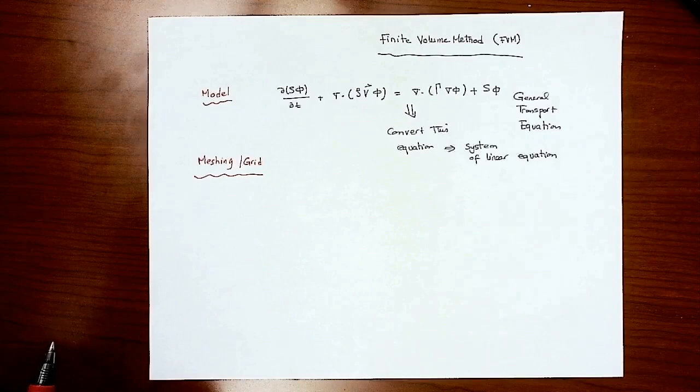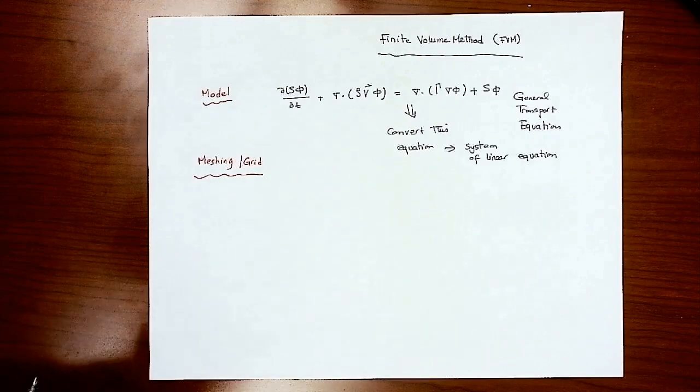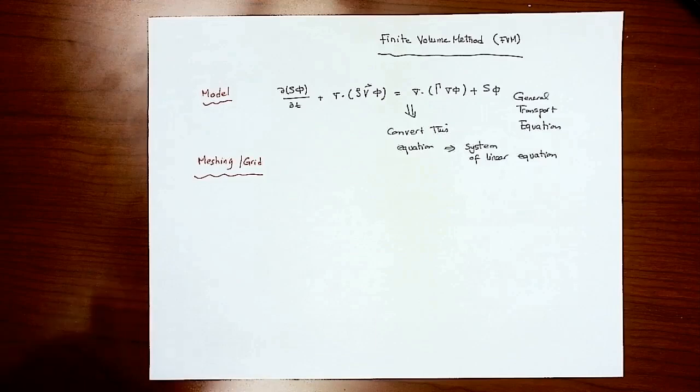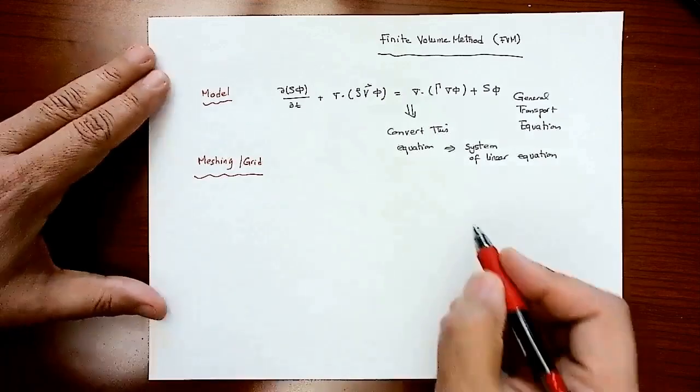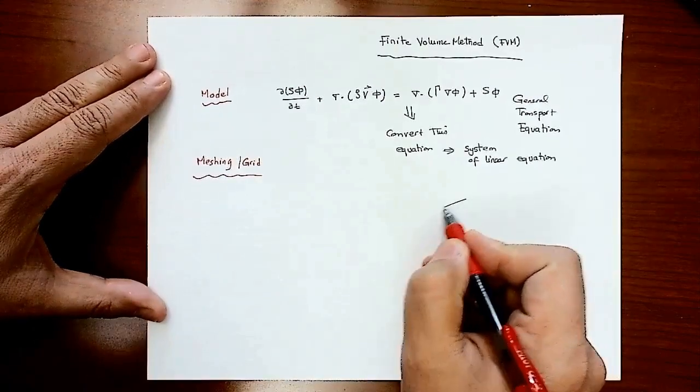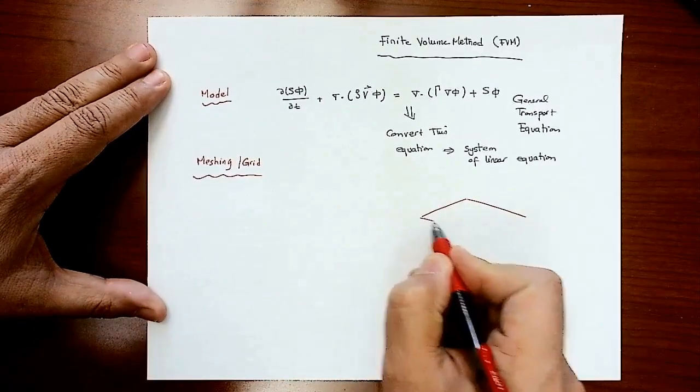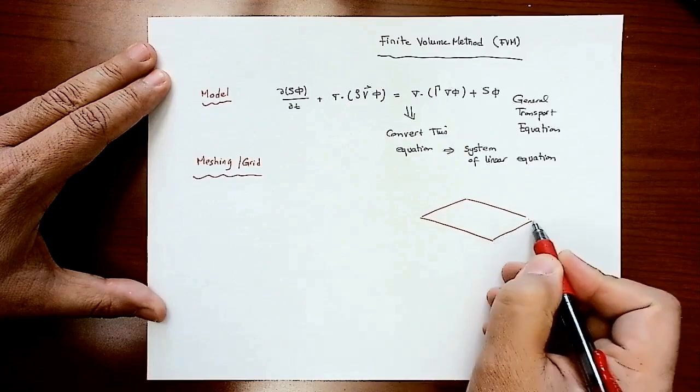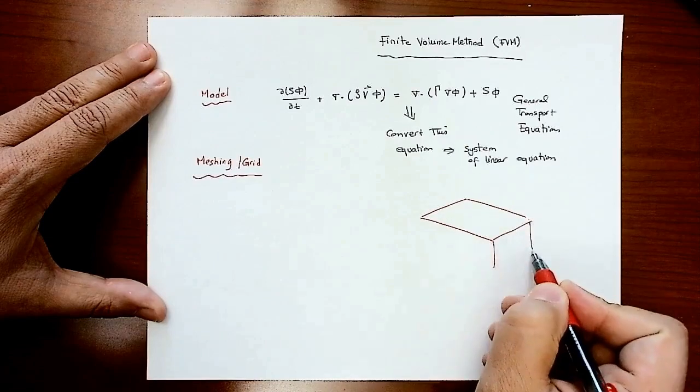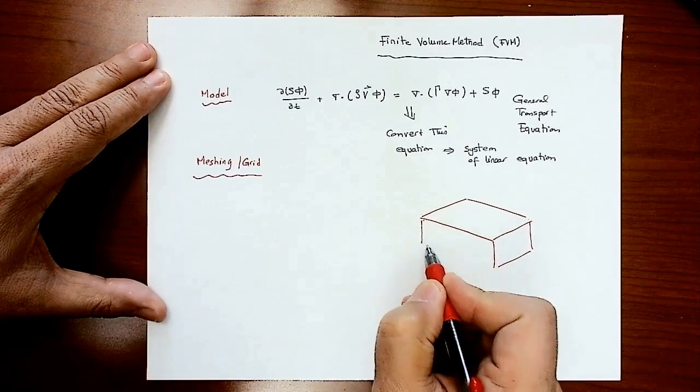And the meshing or gridding in the control volume method is simply, as is obvious from the name, the control volume is just a simple volume, right? So you're going to have a volume, a three-dimensional element. That's my element.